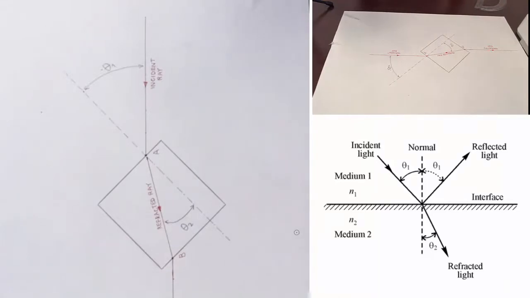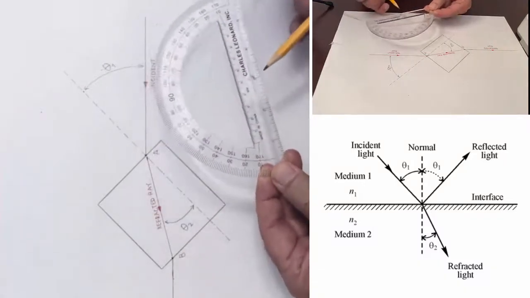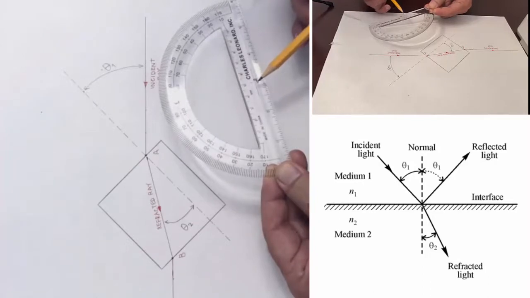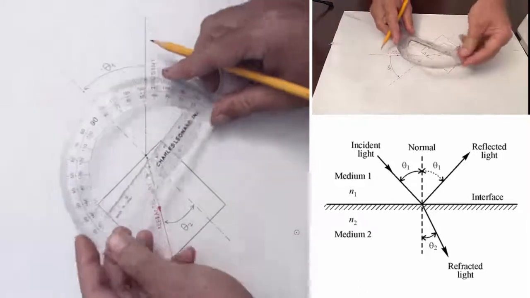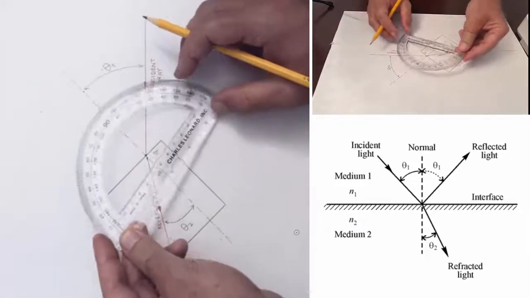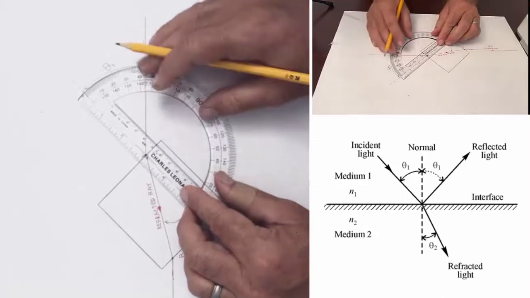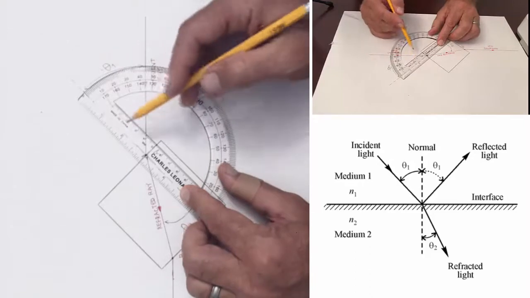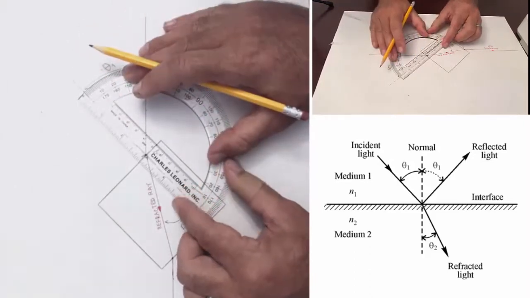We are going to measure these two angles using a protractor. So again, a quick review of how we can use the protractor. We have the point of origin at the protractor, and we have this reference line. The point of origin is going to go at the origin of our angle, which in our case is at point A. Then we align the reference line on the protractor to our reference line on the sheet of paper.